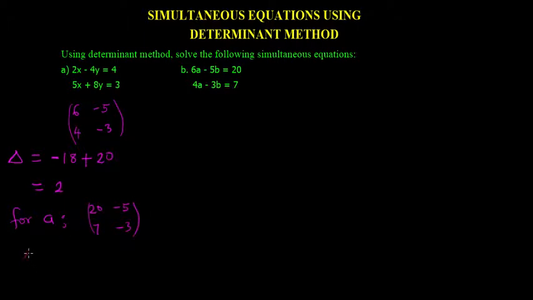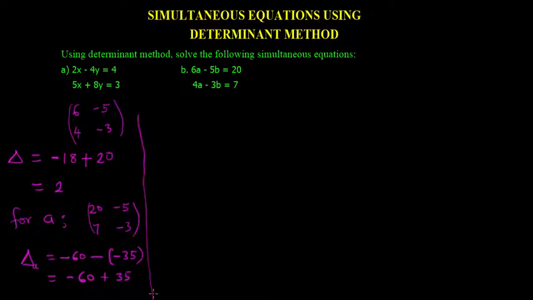So the determinant on the part of a will be equal to, we multiply this diagonal, that's minus 60, minus, when we multiply this diagonal, that gives us minus 35. If that operates, that becomes minus 60 plus 35. Then the determinant on the part of a will be equal to minus 25.